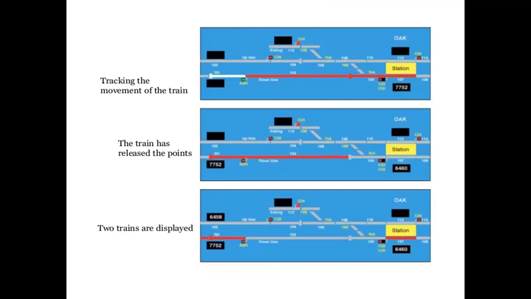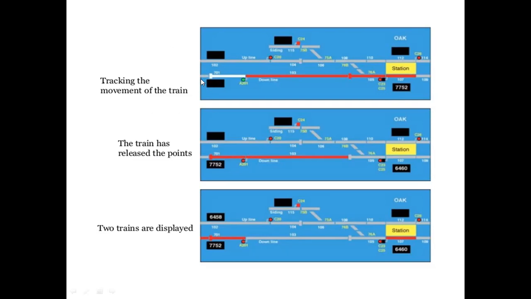The tracking movement of the train. Here, the train has released the points. In this image you can observe the points indicate red, red, red, so no train has to pass in this particular track.